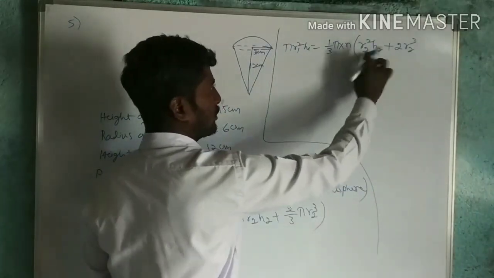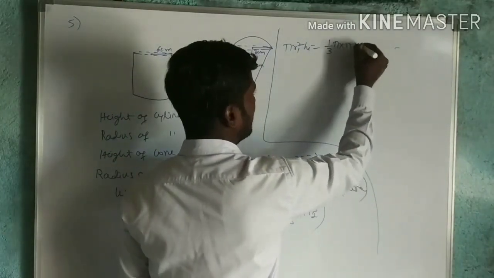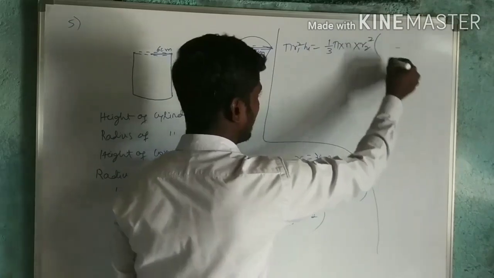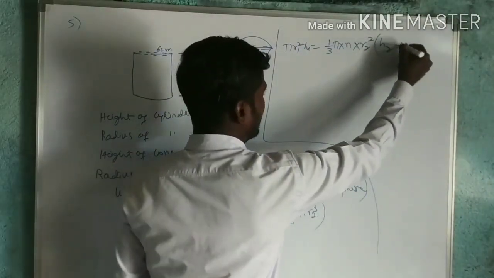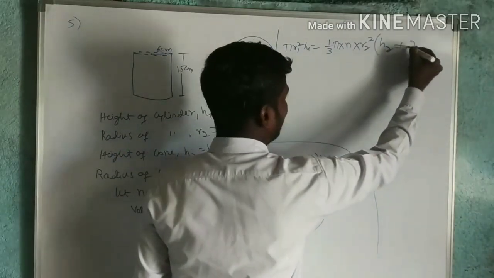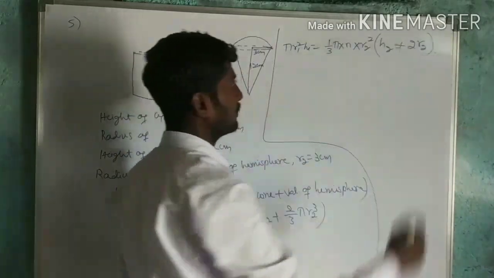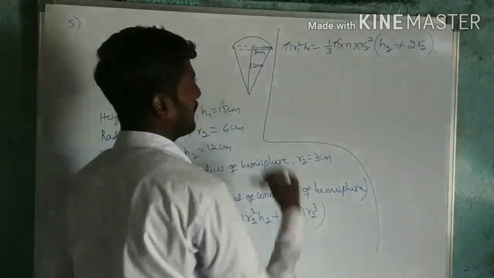Otherwise r2 square also I can take common: r2 square into h2 plus 2 r2. Okay, now pi gets cancelled.